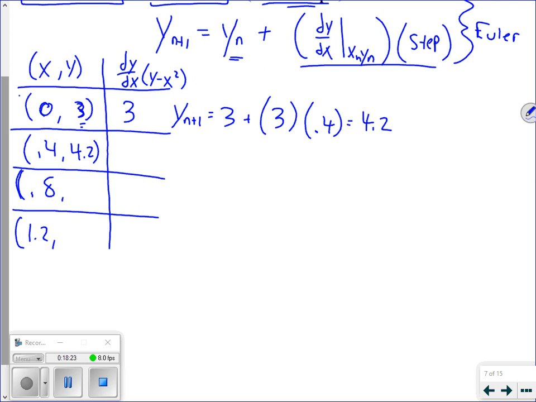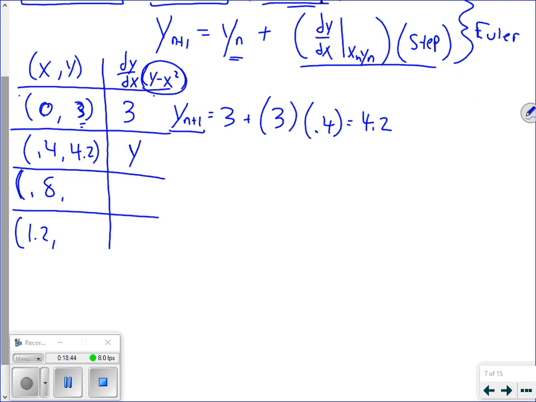Okay. Now, sometimes, since the diff EQs can be kind of complicated and annoying, because now, if I want to know the slope, this is the same thing as doing 4.2 minus 0.4 squared, which can be a long decimal. I like to just go ahead and write the full thing out. Let me explain what I mean.